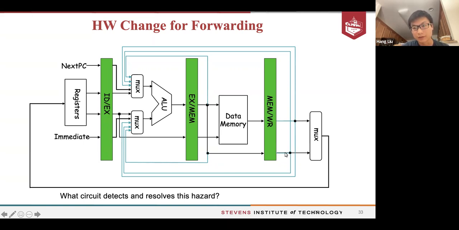Or the register write-back, definitely it's already written back, right? So at the end of the third stage and the end of the fourth stage, we can do forwarding, okay.